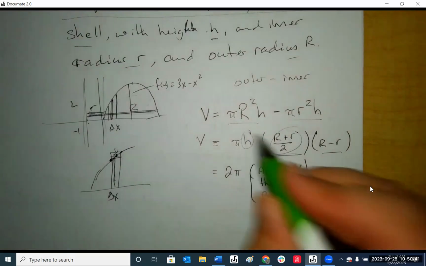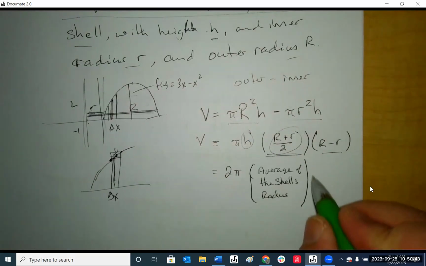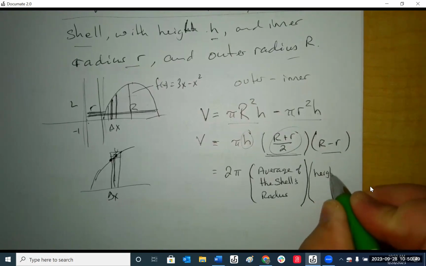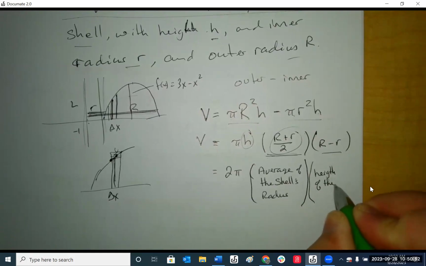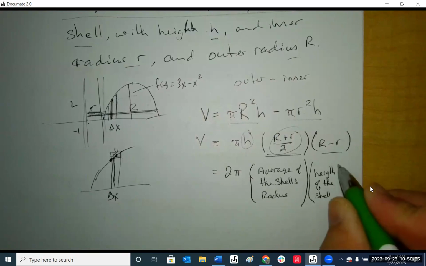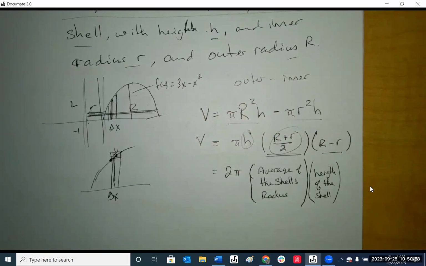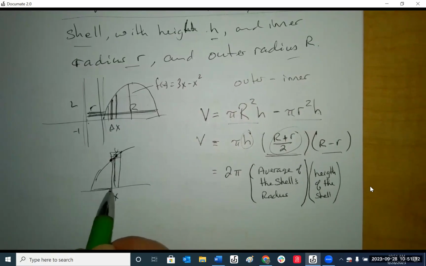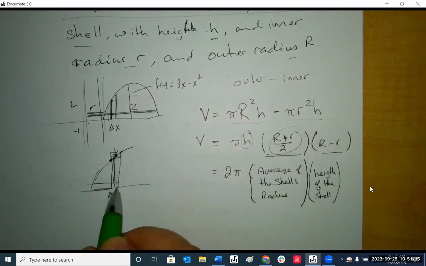Oops, I forgot that. Times the height of the shell. Yes, this one's R plus r, because it's the average. What we're finding here is this one plus this one divided by 2 will get us the middle. That's how we're defining our width of delta x with the radii.